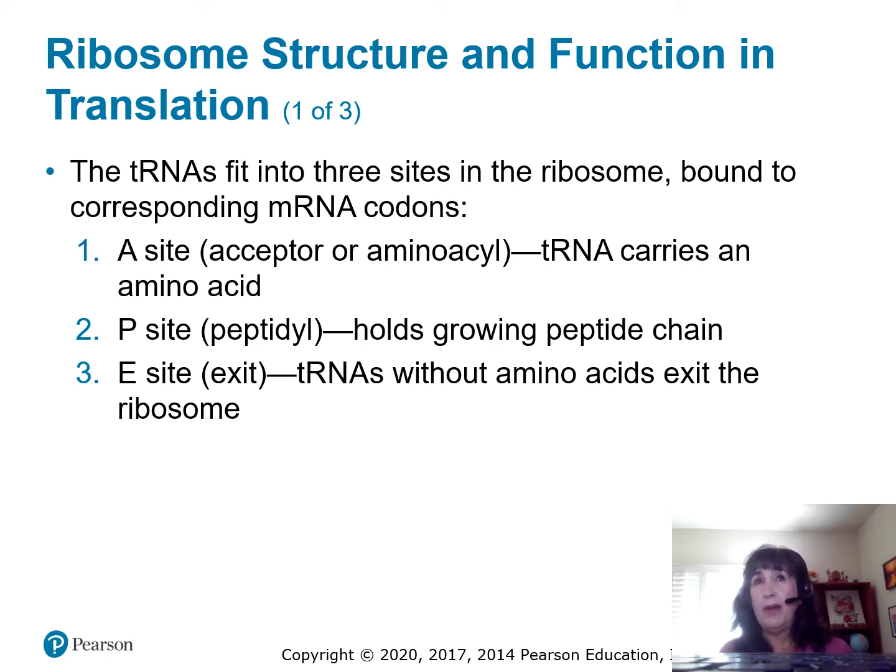Now remember, before we go on any further and we think of APE, the 3 sites within a tiny ribosome that has a small and large subunit, isn't it true that this little ribosome is a mighty force? Because it is reading the messenger RNA. So this ribosome is always in action. The first site accepts, the P site forms a bond, and then the E site exits the unloaded transfer RNA.